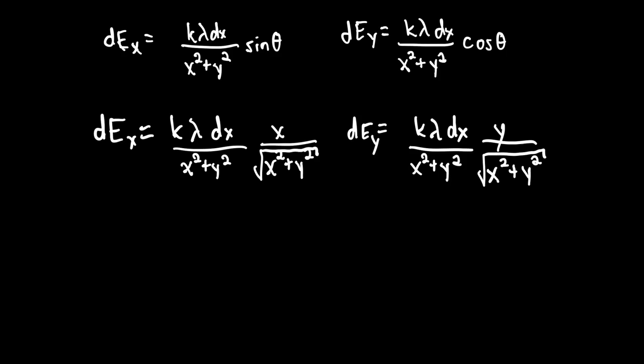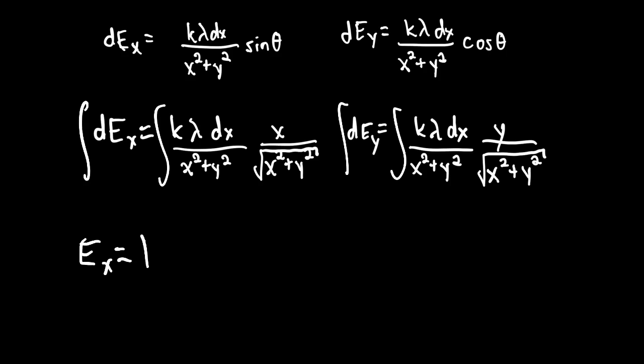How do I get rid of dEx? How do I get rid of the d? Integrate. So I integrate both sides. Take the integral of both of these. So then I get out Ex. Anything that is not an x or associated with an x, I can take outside of the integral. What can I take outside of the first integral? K and lambda come out.